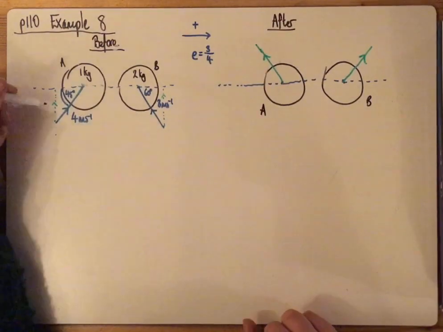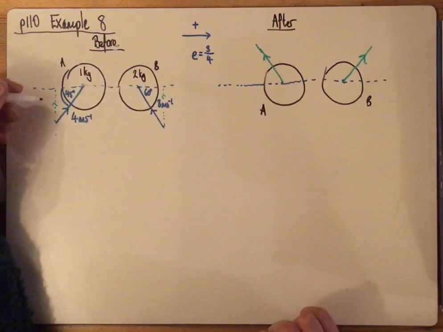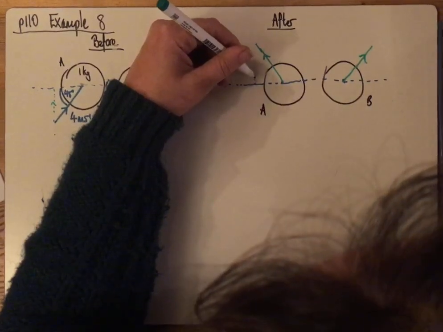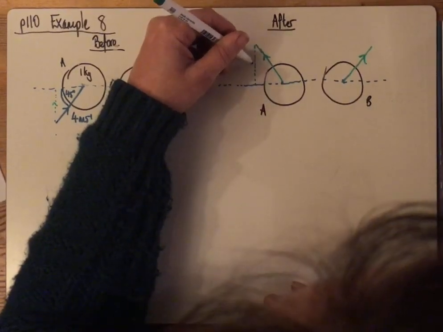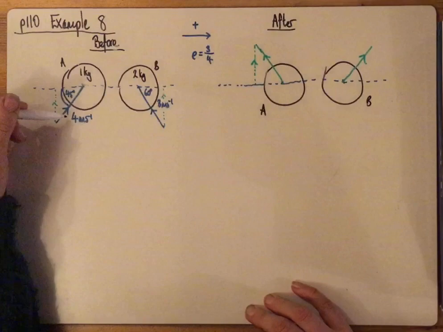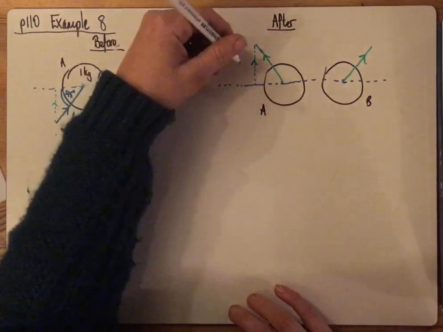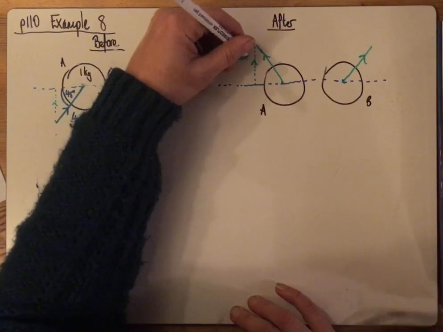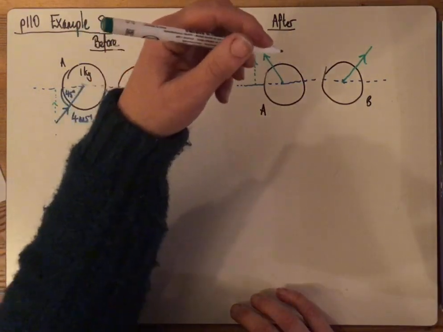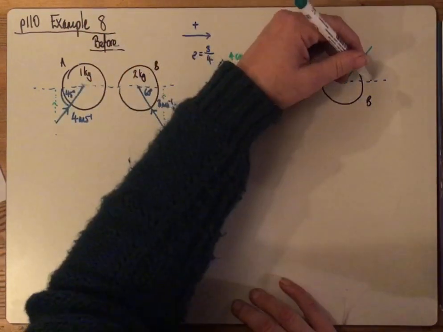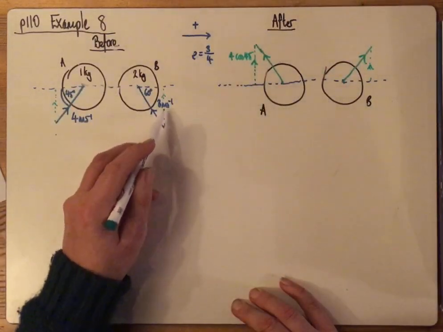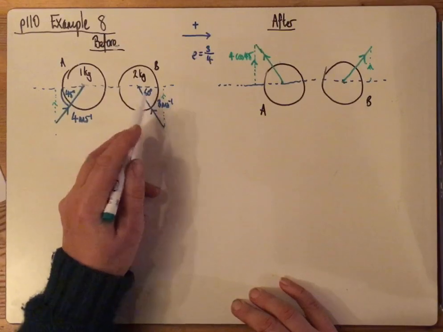So the vertical component of the velocity remains unchanged. So this here is going to be 4 sine 45, and this bit here is going to be 3 sine 60. So that's coming from here as being 3 sine 60.